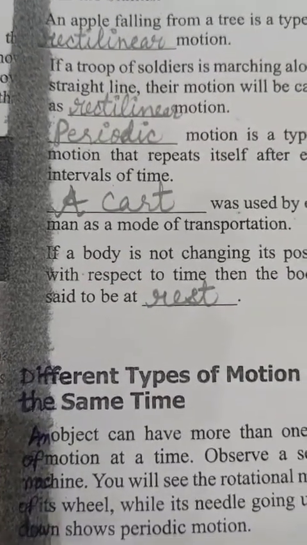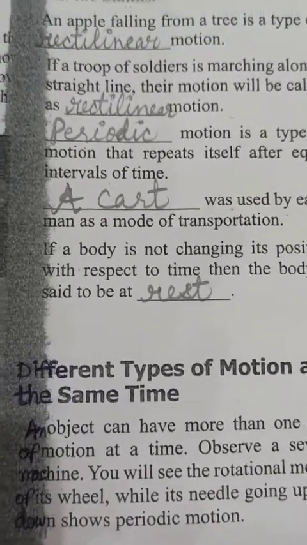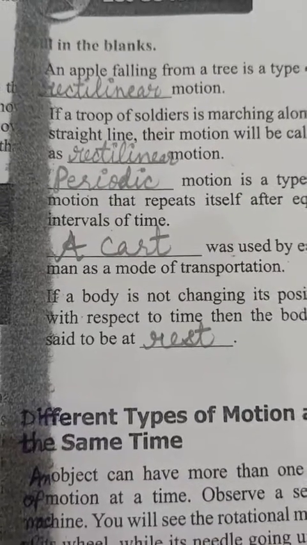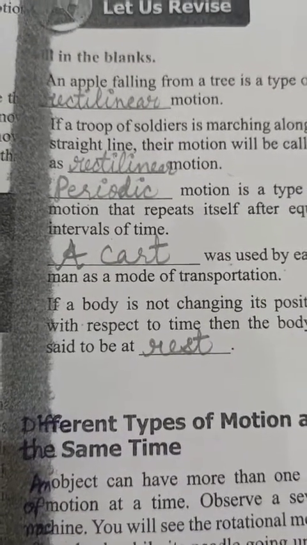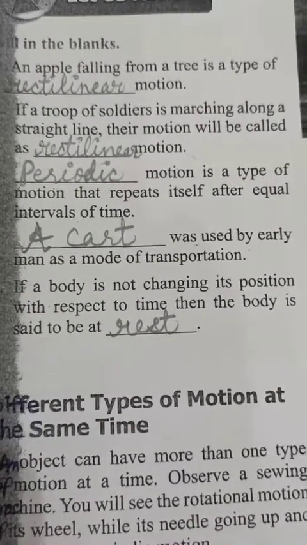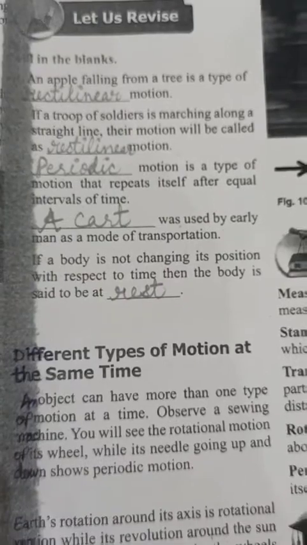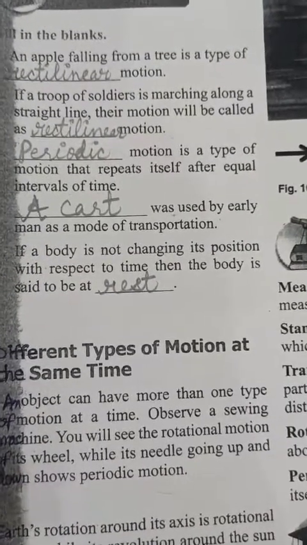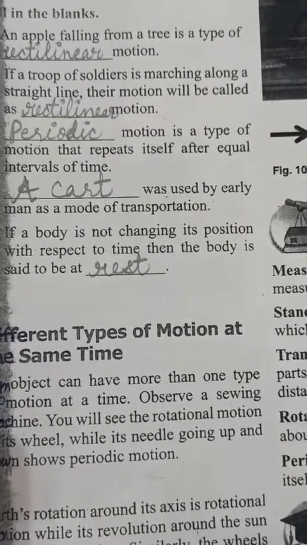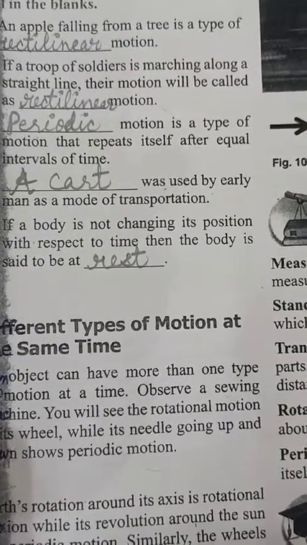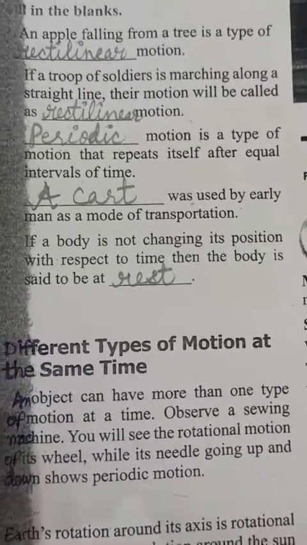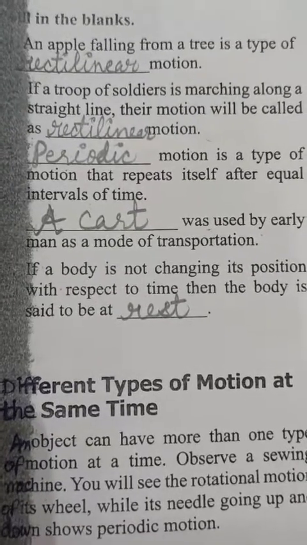And one thing I want to remind you, that in the very first class of this chapter I gave you one assignment. I told you that you have to measure the length of your bed with the help of your hand span and the hand span of your parents, either father or mother, so that you can write it down in a tabular form.